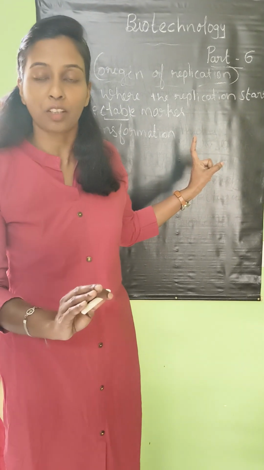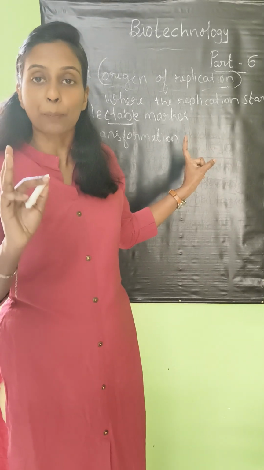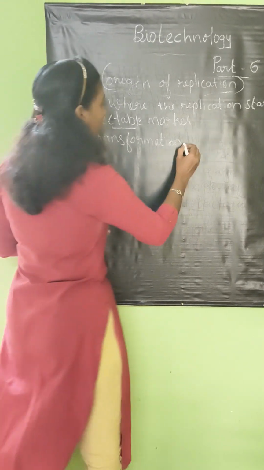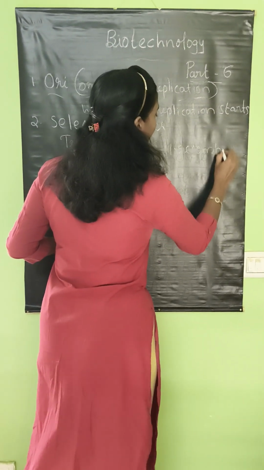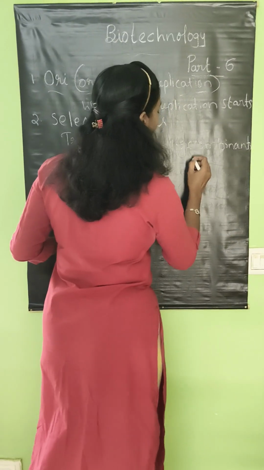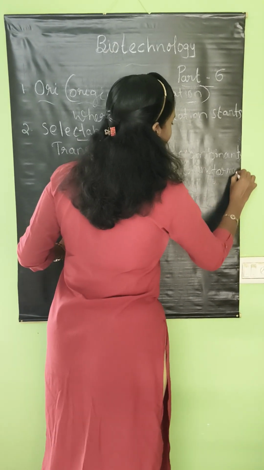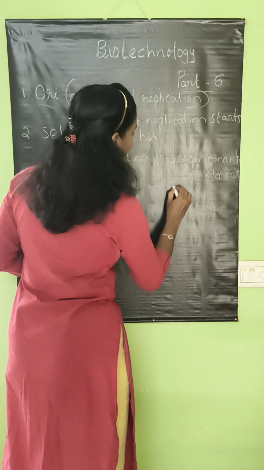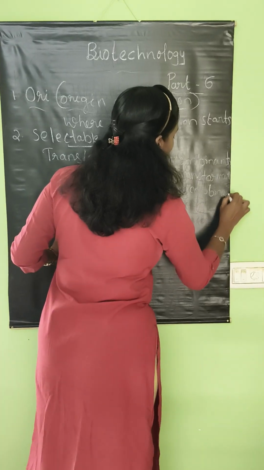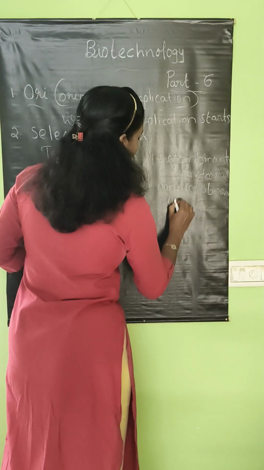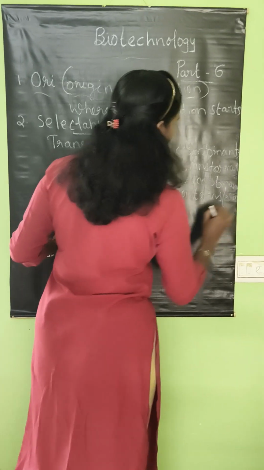After the transformation, three possibilities can take place. The first is recombinant, or transformant. The second is non-recombinant, or non-transformant.